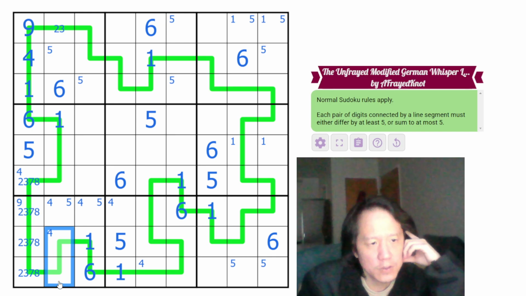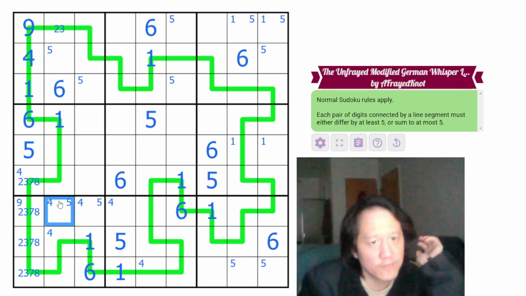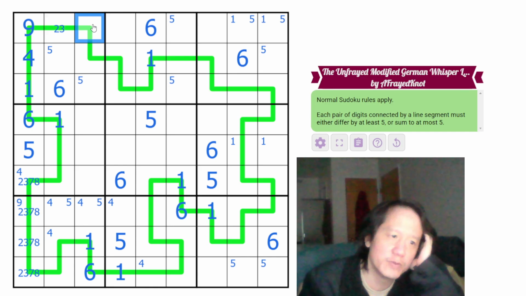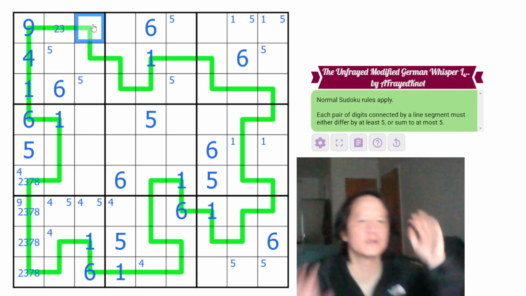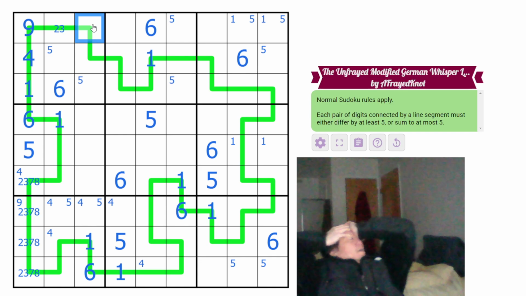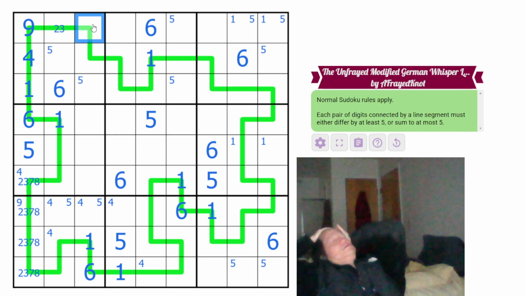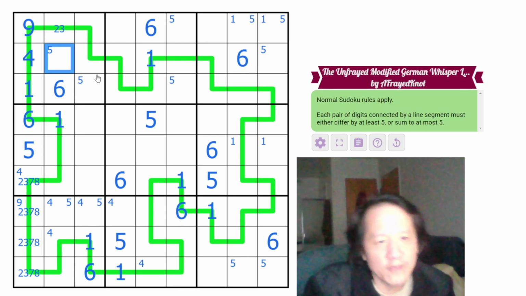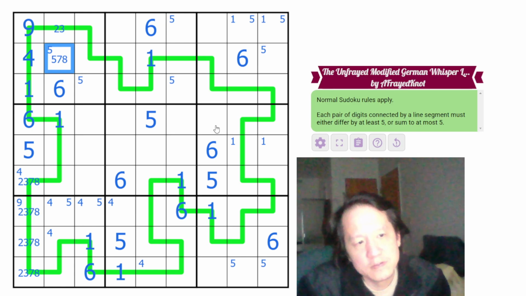And one of them has to be 4. The other one has to be 2 or 3, which means this can't be 4. This is 2 or 3. It could be with the other 2 or 3, or it could be with 7 or 8. So then this would have to be 5, 7, 8. This would also be 5, 7, or 8.